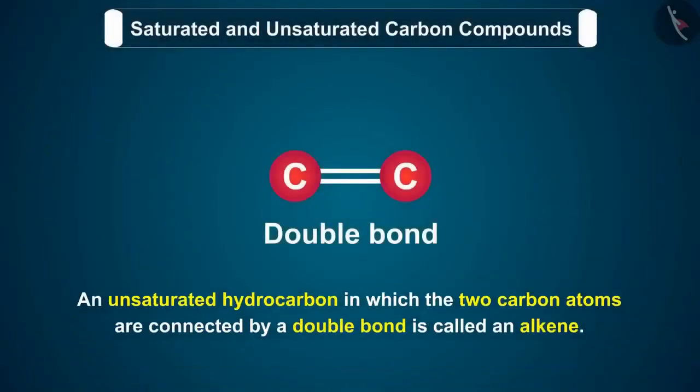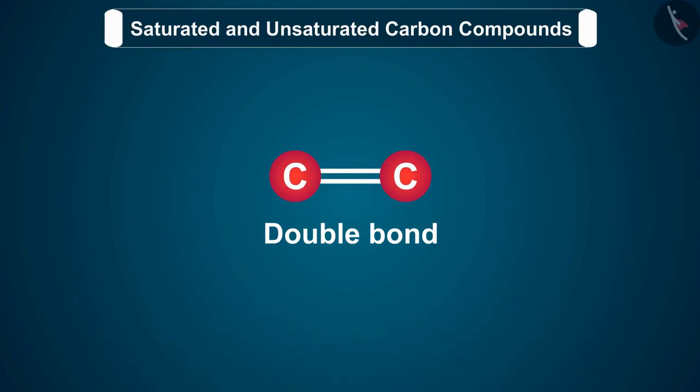An unsaturated hydrocarbon in which the two carbon atoms are connected by a double bond is called an alkene. So, these alkenes contain a double bond between two carbon atoms which is formed by the sharing of two pairs of electrons.